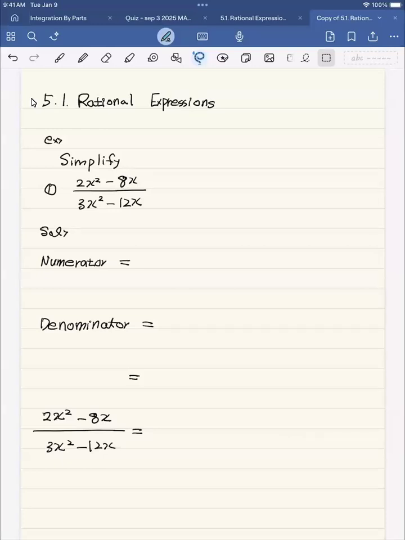What we have to do will be factoring the numerator and denominator, and then we will simplify by canceling out the same factor in the numerator and denominator. Let's factor the numerator.